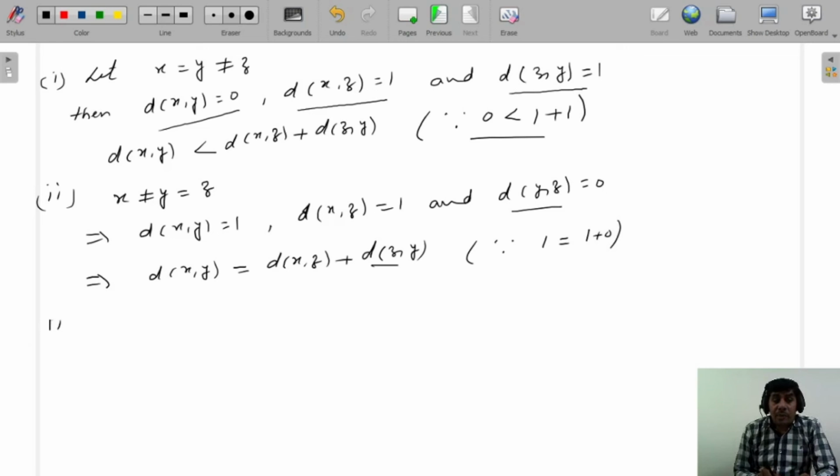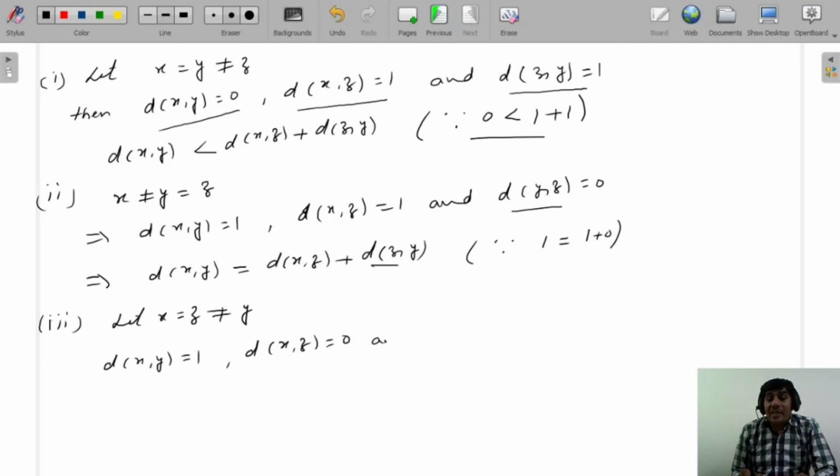Third subcase, let x is equal to z does not equal y. Then distance between x and y is equal to 1. Distance between x and z is equal to 0, and distance between z and y is 1, because z and y both are distinct elements.